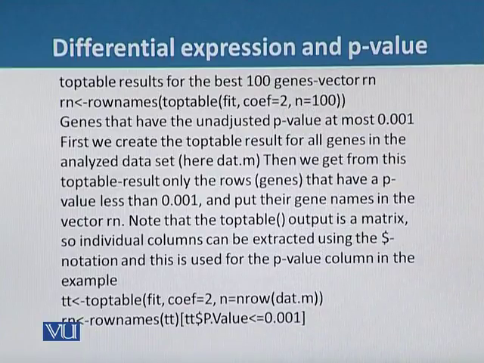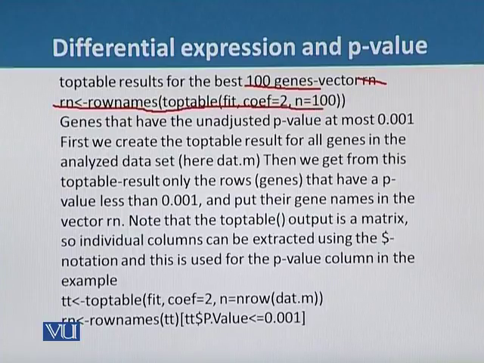We can generate the top table results for the best 100 genes. As we have seen, we want to see the expression of 100 genes in the vector rn. We will use the command rn <- rownames(topTable(fit, coef=2, n=100)).